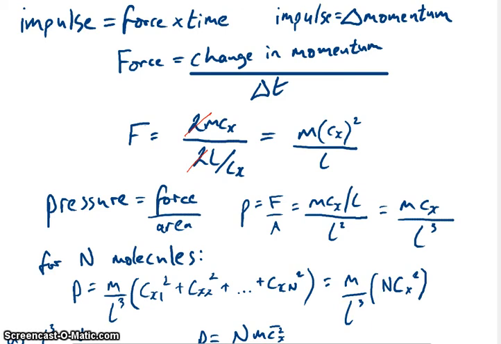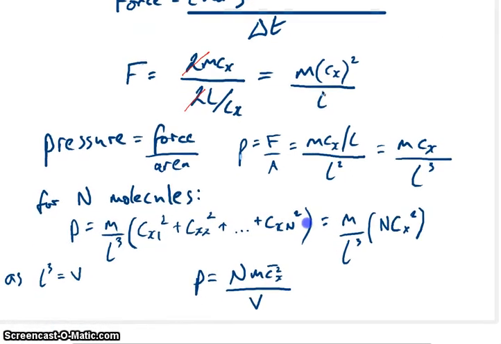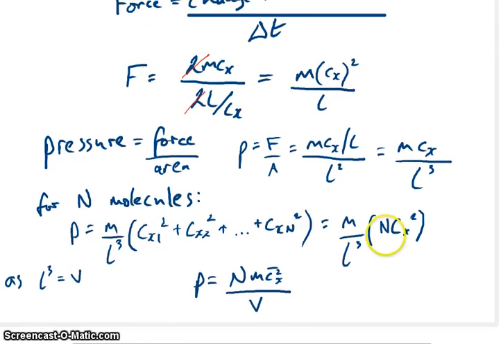The factor of n just comes from the fact that there are n molecules, and this L cubed term can be simplified just a little bit to give us a volume.